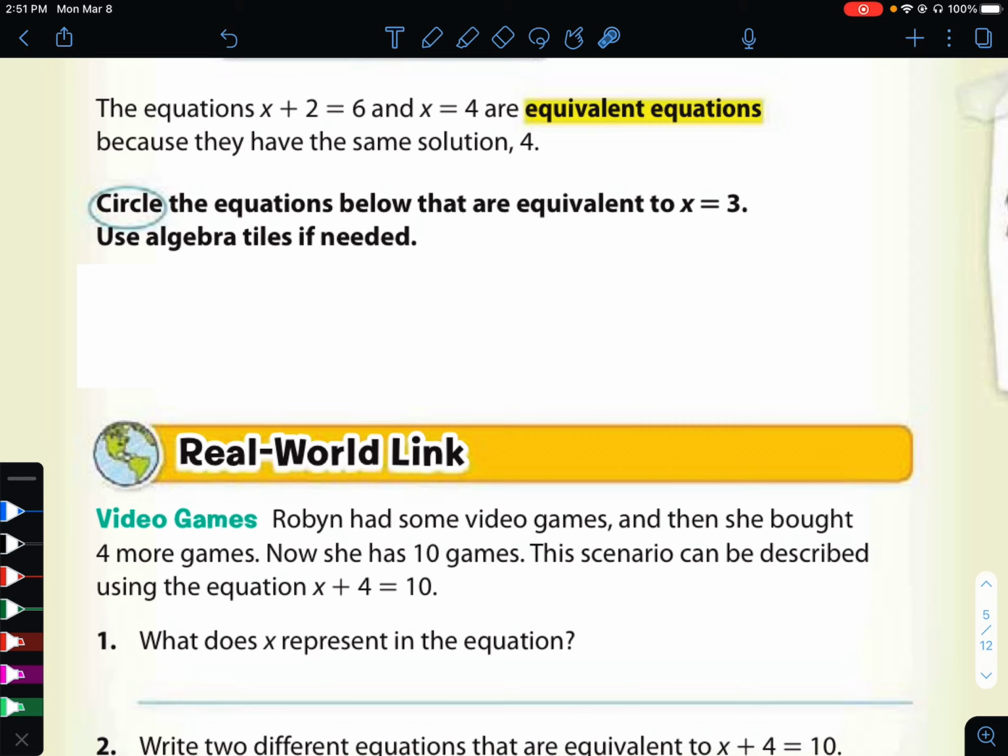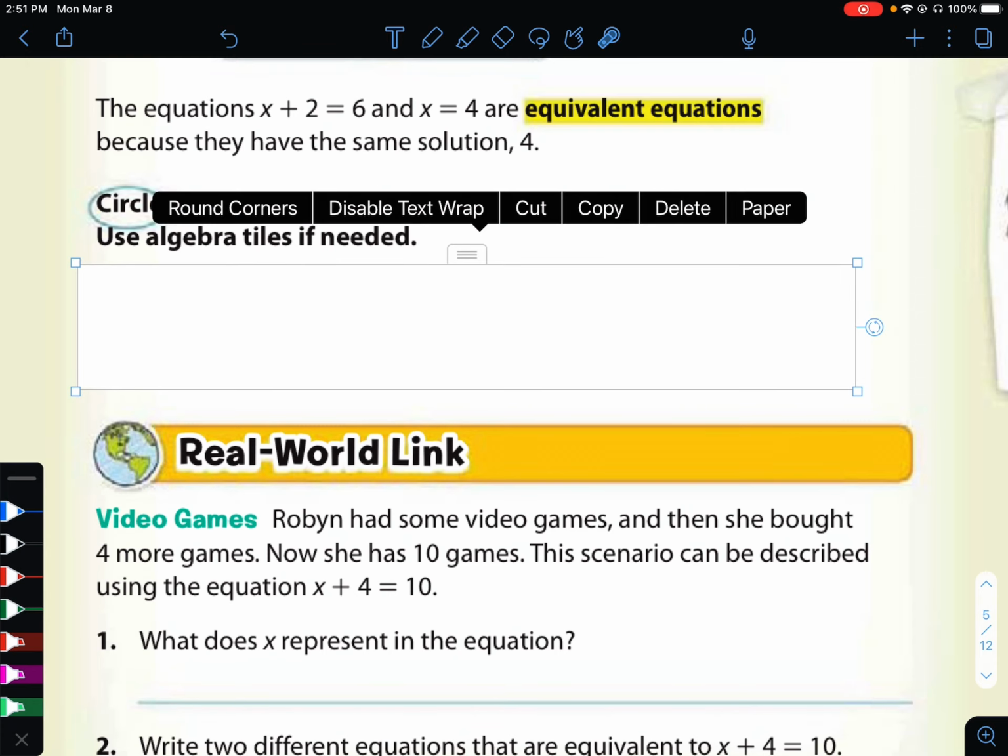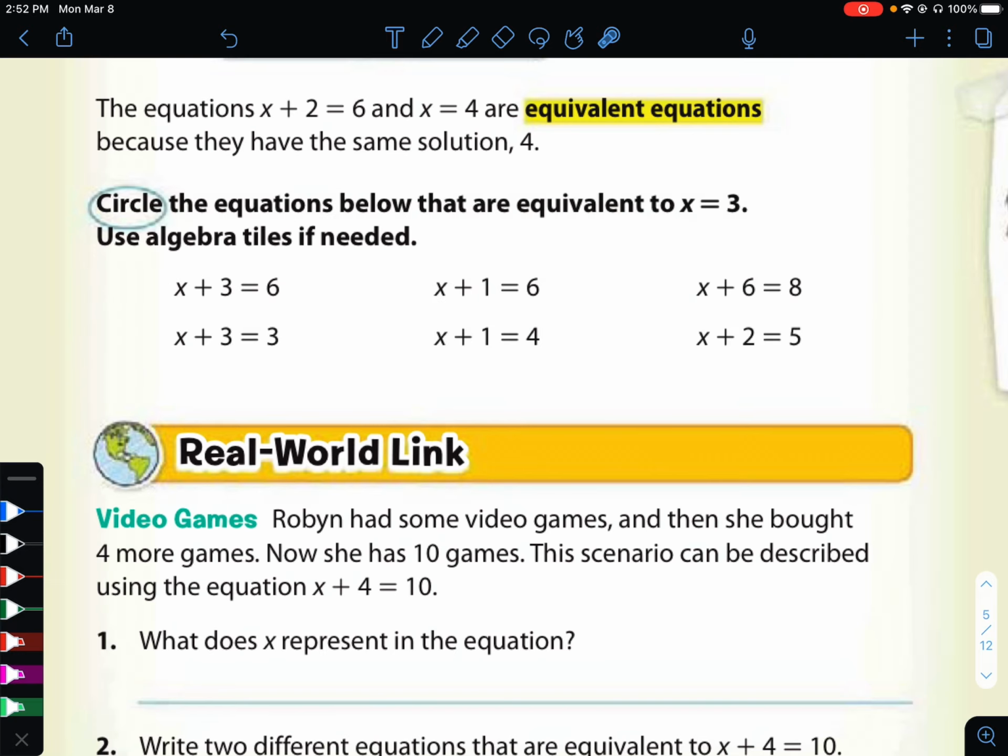We can use algebra tiles if we need to, but in this case, all we need to do is substitute the value for x. If x is equal to 3 and makes the sentence true, then it is equivalent to x equals 3.